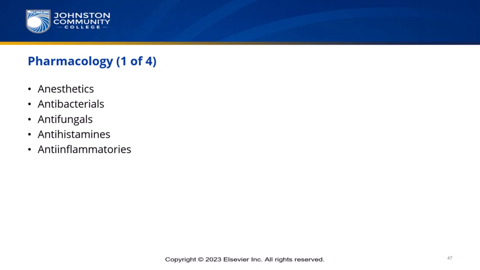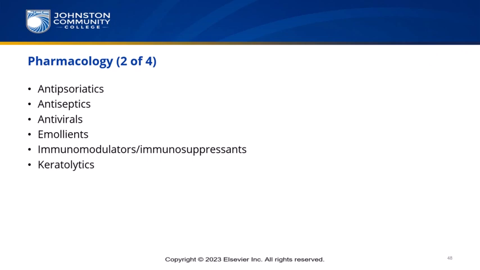Then we have anti-inflammatories that are used to reduce inflammation and pain. Examples of this are cortisone, Lidex, and Kenalog. Next we have antipsoriatics, which are agents that specifically treat psoriasis, such as Dovonex. Antiseptics are topical agents used to prevent infections by destroying microbes. Iodine is an example of this.